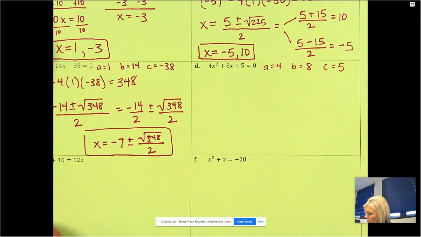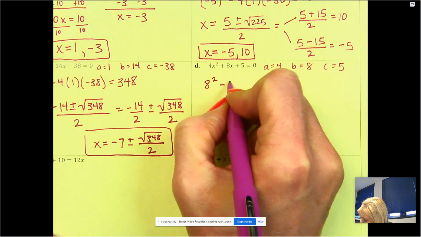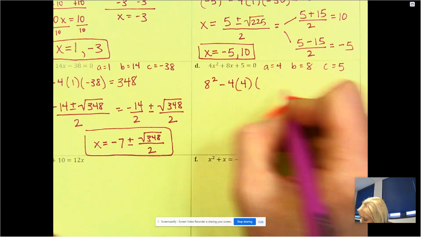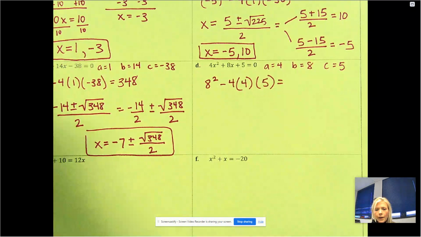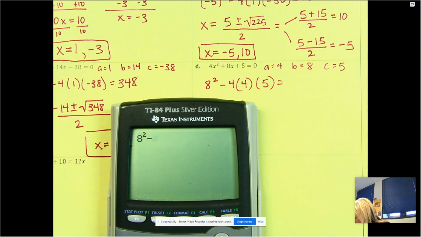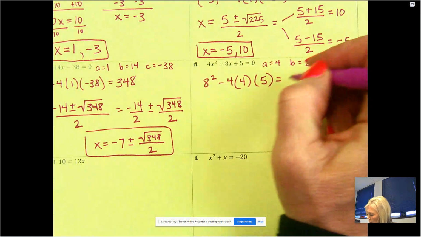And so first find B squared, 8 squared, minus 4 times A times C. I have a feeling it's going to be a negative number because we haven't seen one of those yet. It's just a hunch, just a guess. 8 squared minus 4 times 4 times 5. Oh, look at that, negative 16.